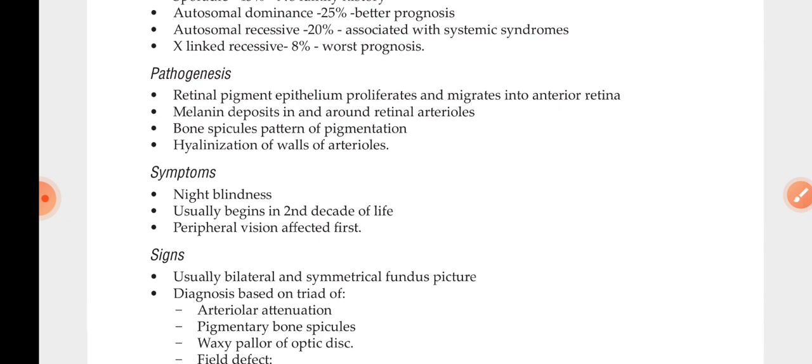What is the pathogenesis? The retinal pigment epithelium proliferates and migrates into the anterior retina.